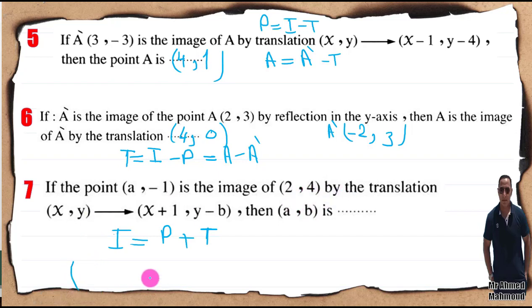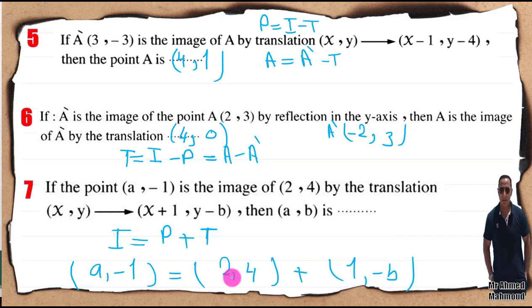I'm going to write it as an equation. The image is A and negative 1, the point is 2 and 4, the translation is 1 and negative B.